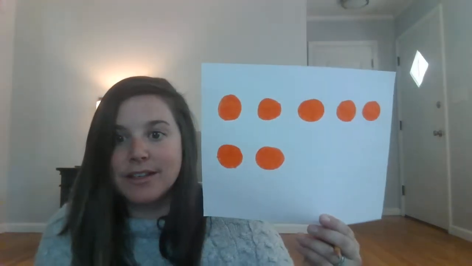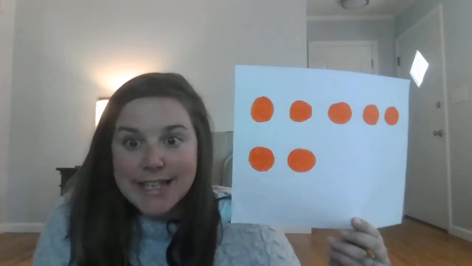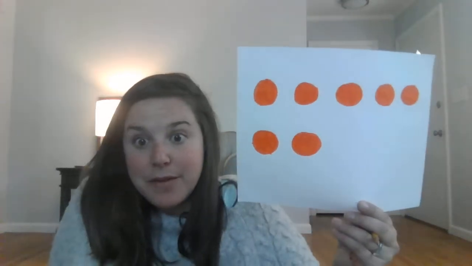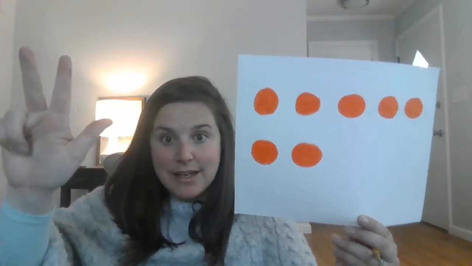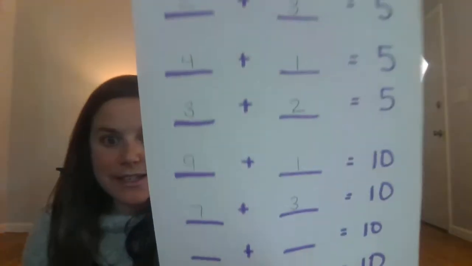Got 7. How many more to make 10? Count on from 7. 7, 8, 9, 10. 7 plus 3 equals 10. So I'll write that down. 7 plus 3 equals 10.